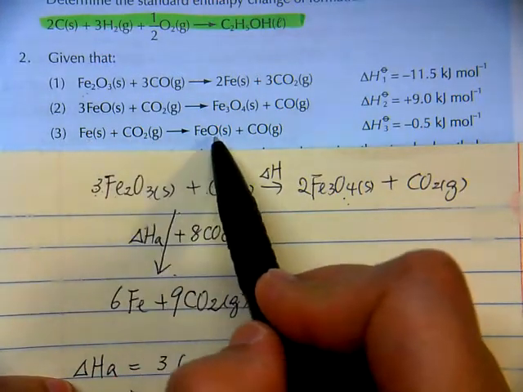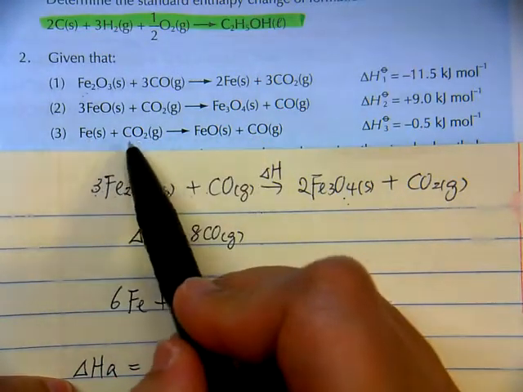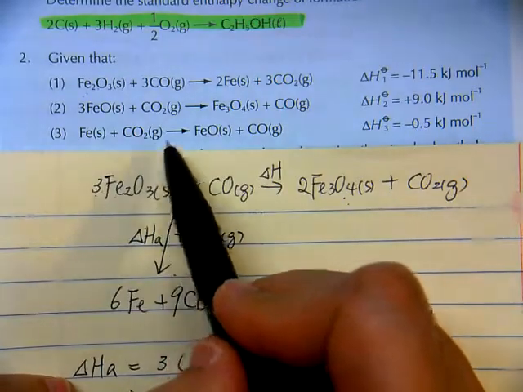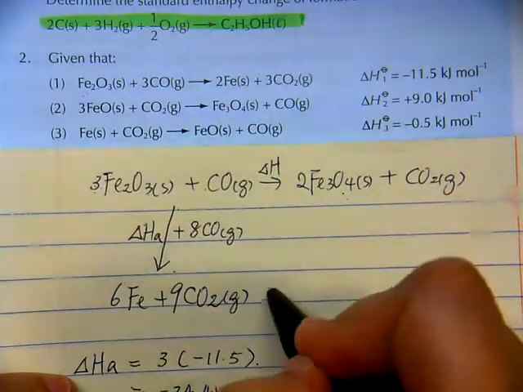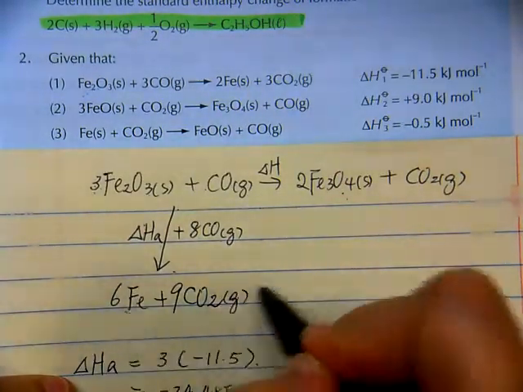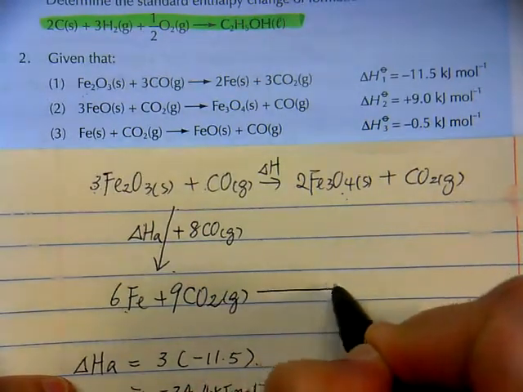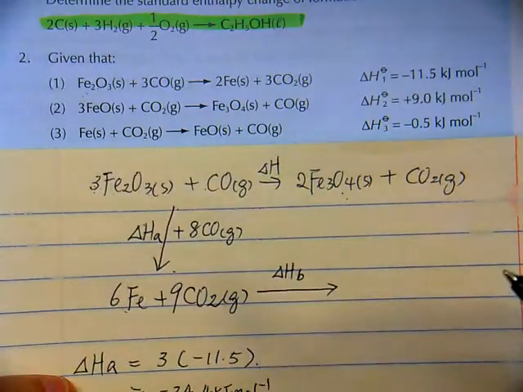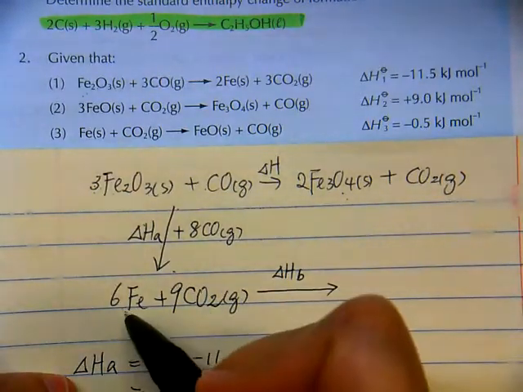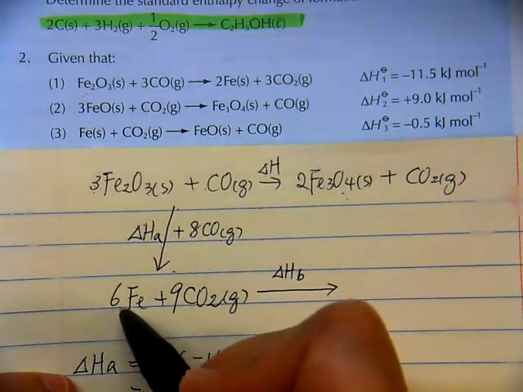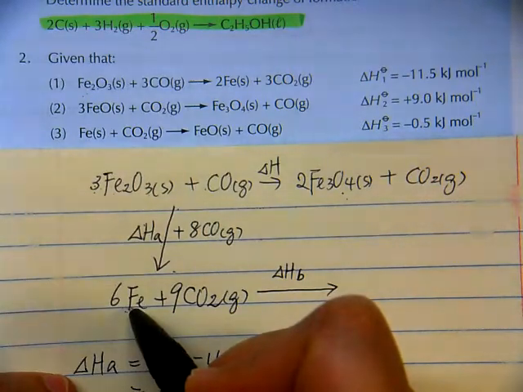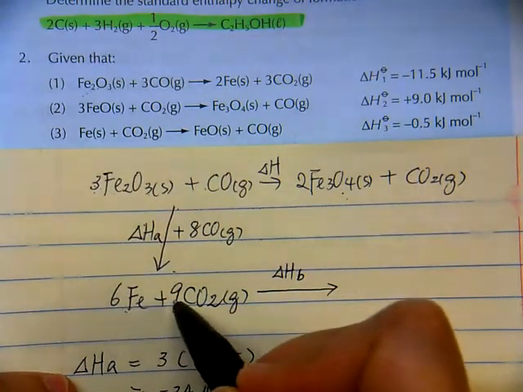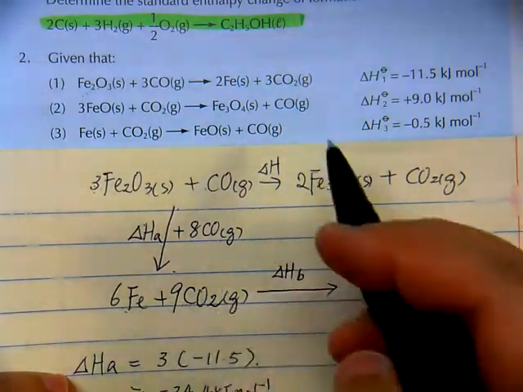Now maybe I look at another one. FeCO2 to form FeO and CO. I think I would like to use this one to continue with my cycle. Here, Fe. Add one more arrow. Label it as delta HB. For 6 Fe, it needs 6 CO2. Is that right?